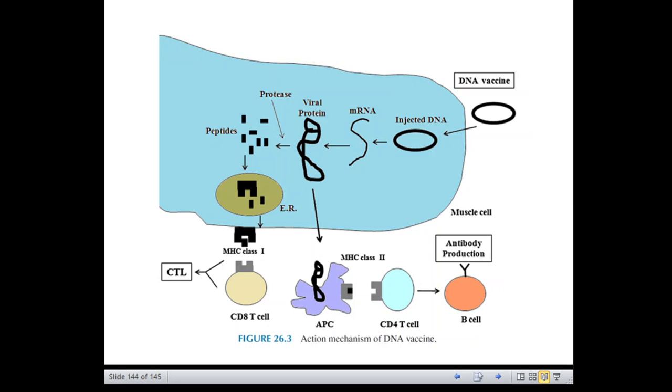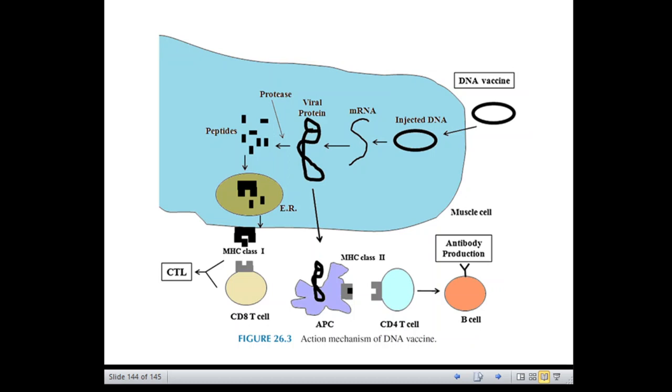Looking at the advantages, DNA vaccines offer many advantages over the conventional forms of vaccination. Number one, they are able to induce the expression of antigens that resemble native viral epitopes more closely than standard vaccines do, because live attenuated and killed vaccines are often altered in their protein structures and antigenicity, but this is not true of DNA vaccines.